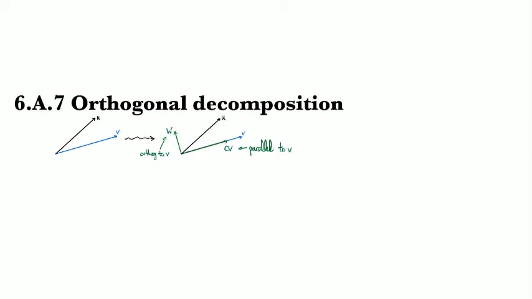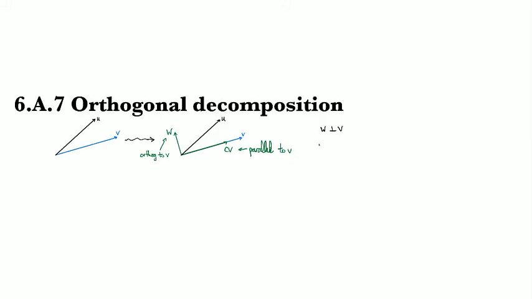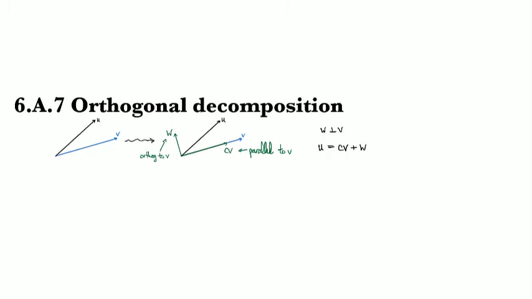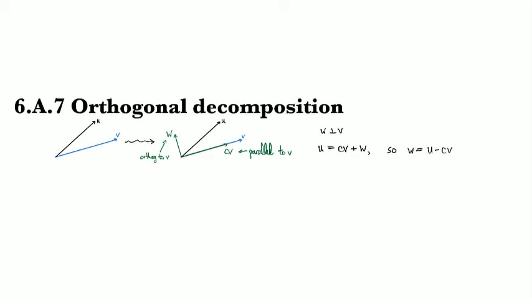To write this down, we're going to have w orthogonal to v, and then we're going to have u equal to some scalar multiple of v plus w. From that we can see that w is going to look like u minus cv for some scalar c.